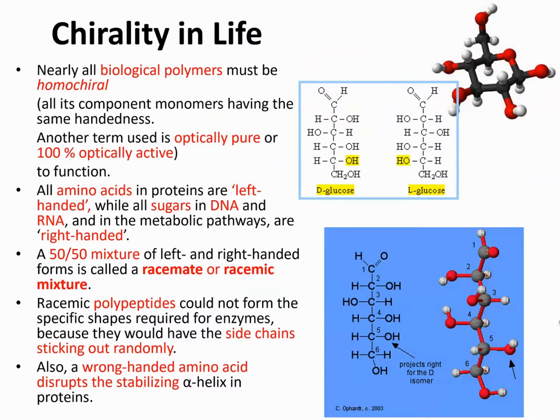That means that you have chiral, so all left hand or all right hand. Just for your information, all amino acids in proteins in our body are left-handed, whereas all the sugars in DNA and RNA and in the metabolic pathway are right-handed.